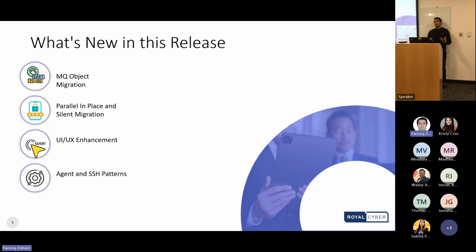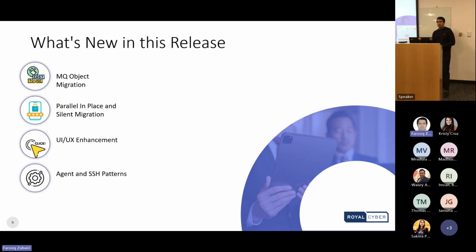Without MQ, your integration won't work because it's the backbone of the integration. So then we added the MQ migration. In IIB, each node is attached to an MQ, so whenever you want to migrate a node, you have to migrate the MQ instance as well. We added that later in 2023.